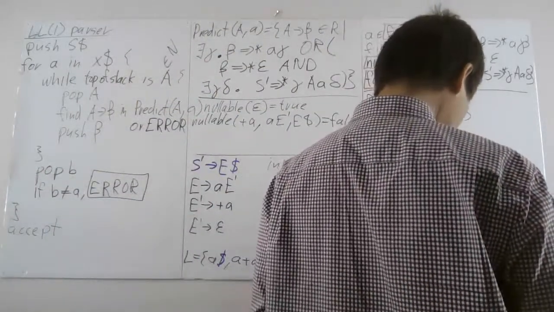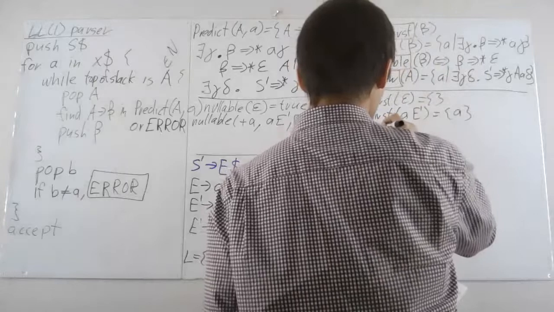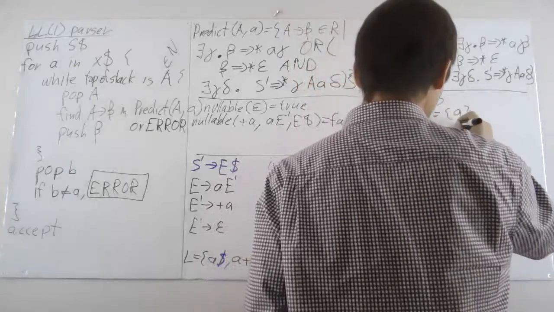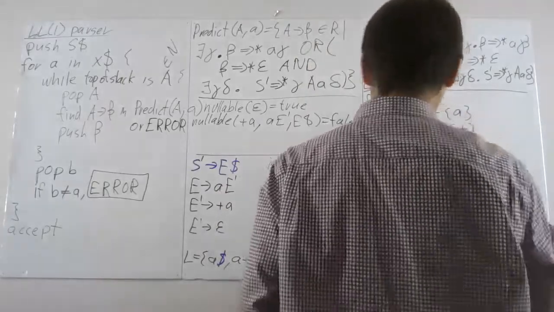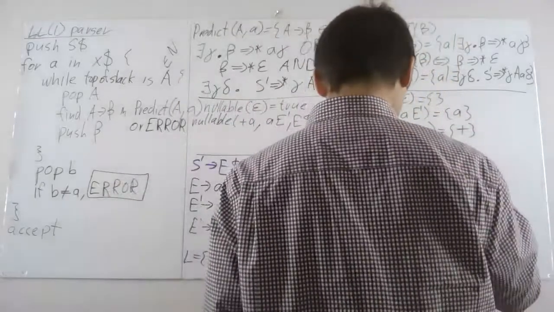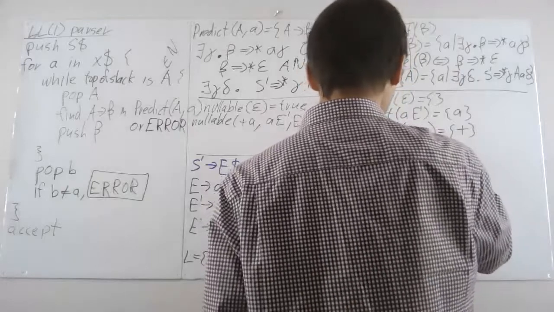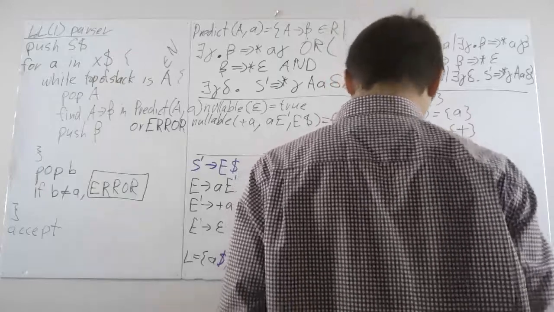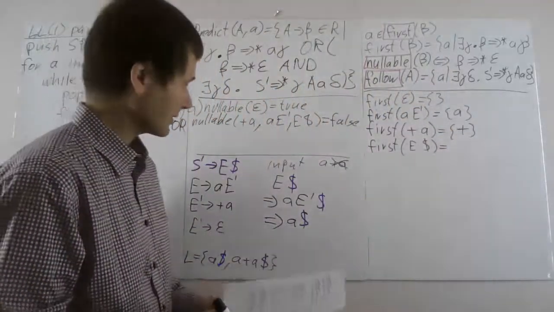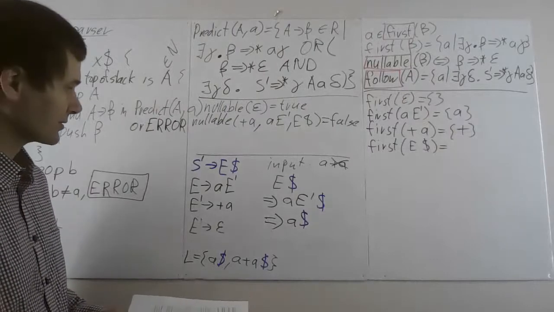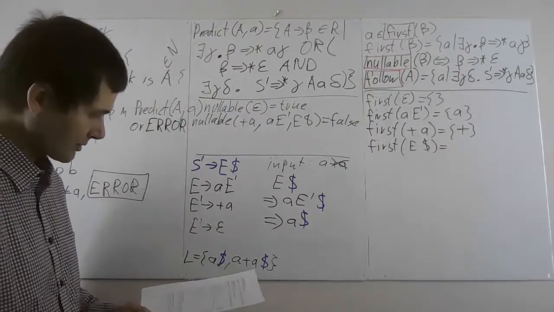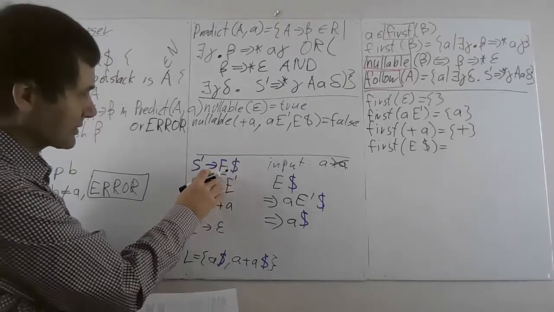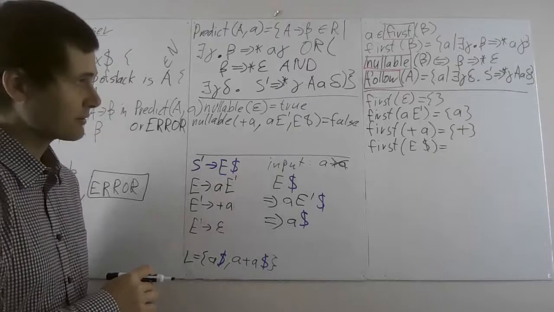And then what else is there? First of plus A is going to be plus. All right. And then finally, first of E $. Okay, so this is going to be more interesting. What you need to do for first of E $ is look at what E could expand to.